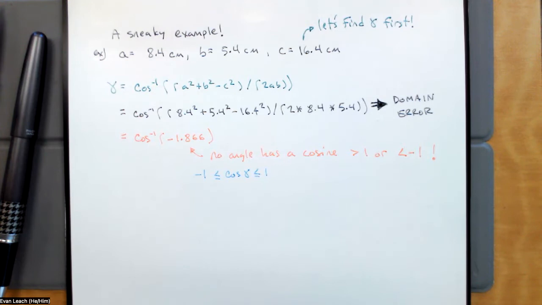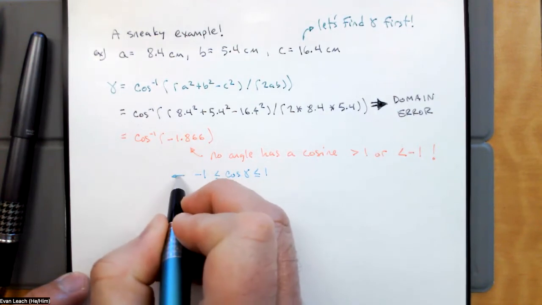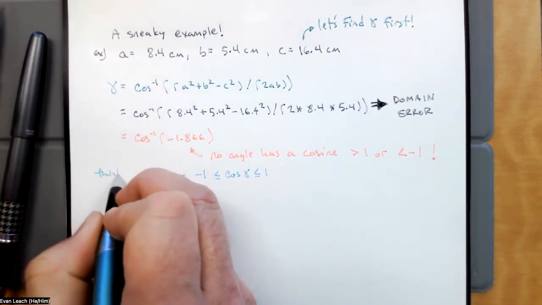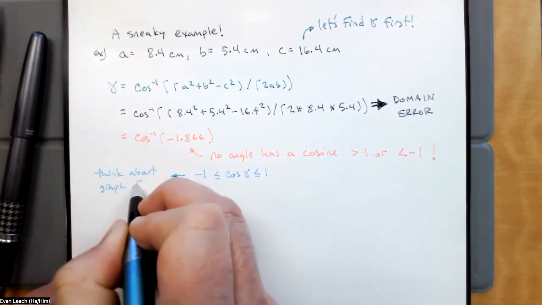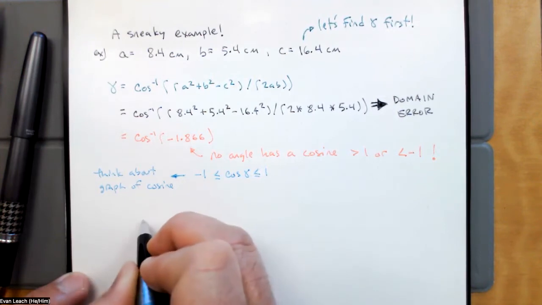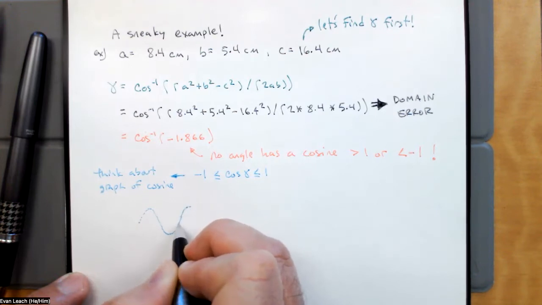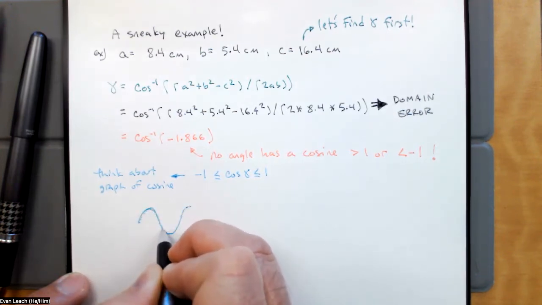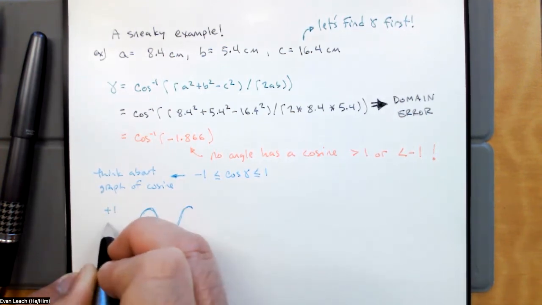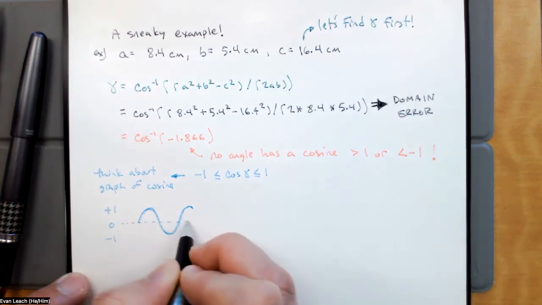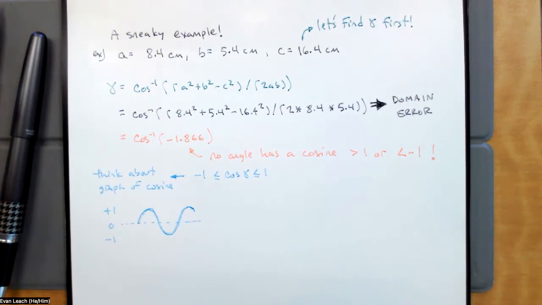Think about the graph of cosine. Maximum 1, minimum negative 1.